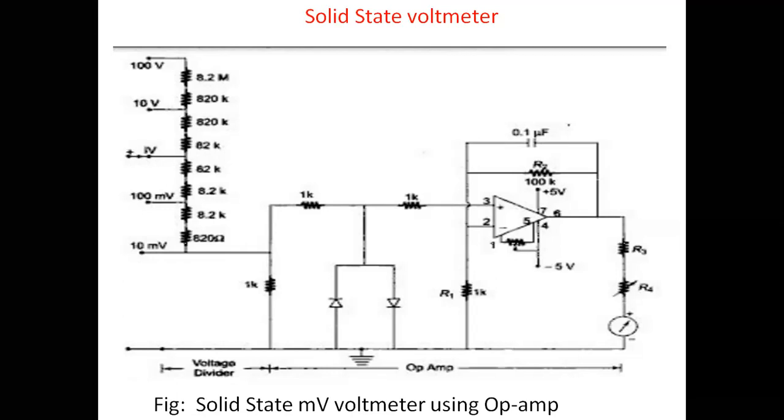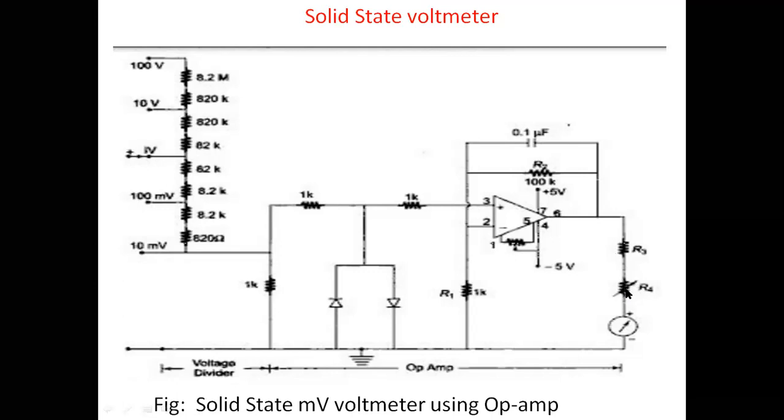It has high input impedance and low output impedance. The output side of the op amp is connected to the meter, and the input is connected to the voltage divider network. This op amp is connected in non-inverting mode.